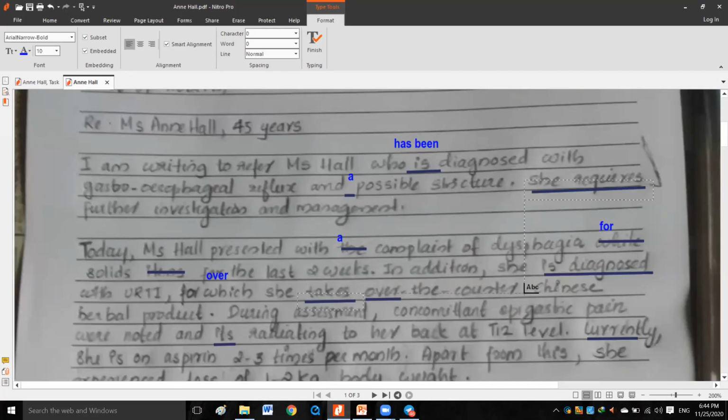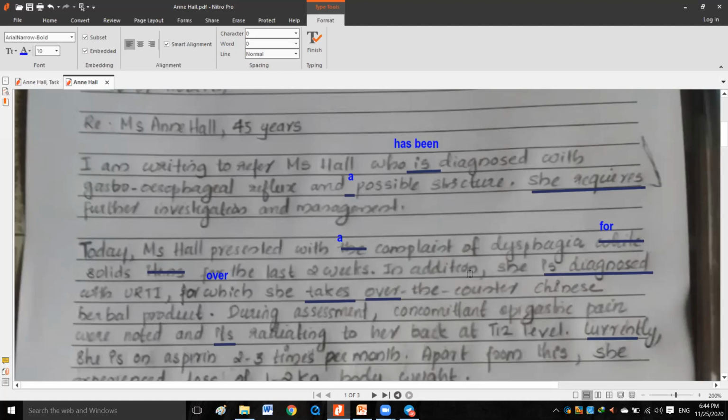In addition, she is diagnosed with urinary tract infection, comma, for which she takes over-the-counter Chinese herbal product, period.